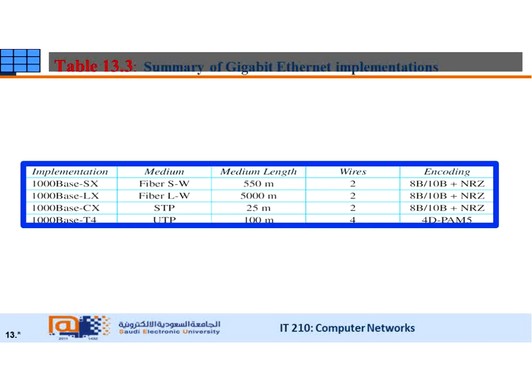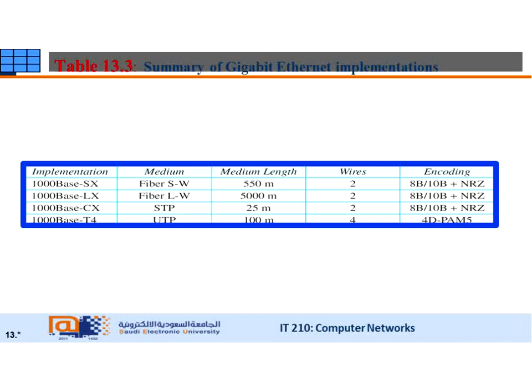The goal was to upgrade the data rate to 1 Gbps, but keep the address length, the frame format, and the maximum and minimum frame length the same, making it compatible with standard and fast Ethernet.